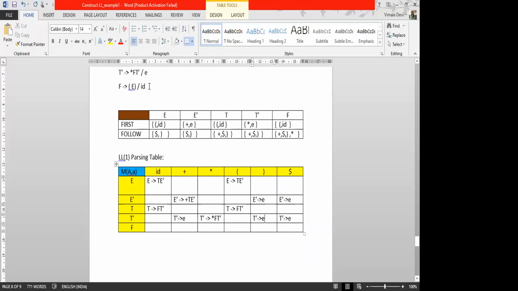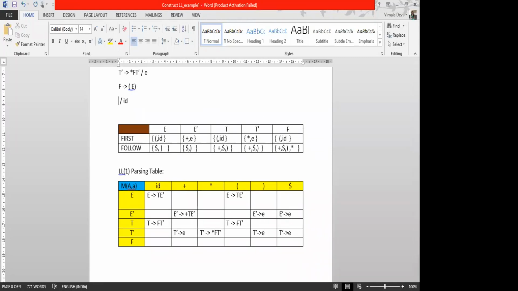Right, now we have the last rule, F derives E we have, F derives ID also we have. Consider only F derives E. When the production rule is F derives E, what is the first set of F? The first set of F is only the open parenthesis, right?